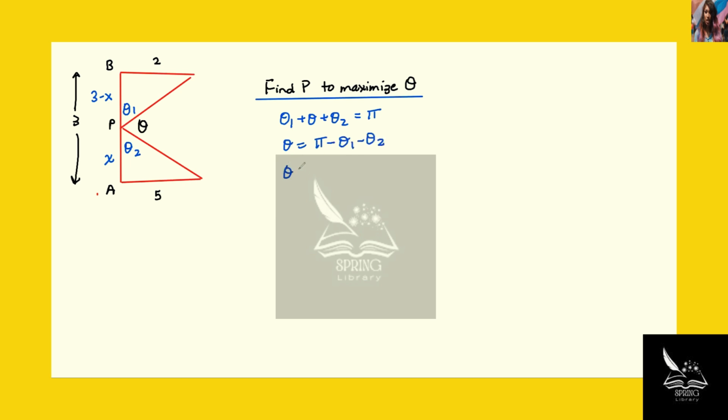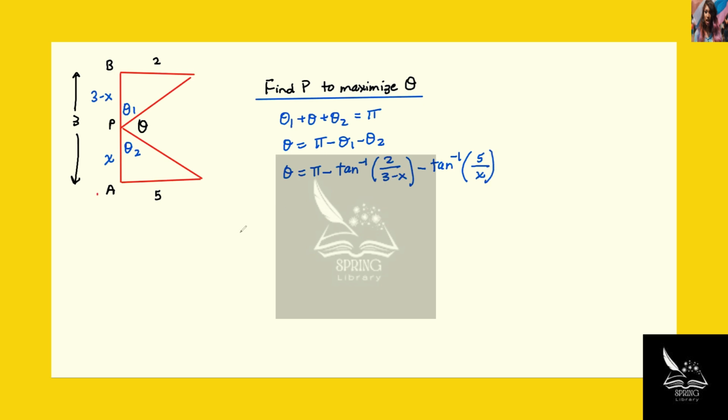Now we can come up with theta 1 because we can take inverse tan. We have the dimensions. So we're going to go minus inverse tan of our opposite, which is 2, over our adjacent, which is 3 minus x. And theta 2 then is inverse tan of opposite, which is 5, over adjacent, which is x.